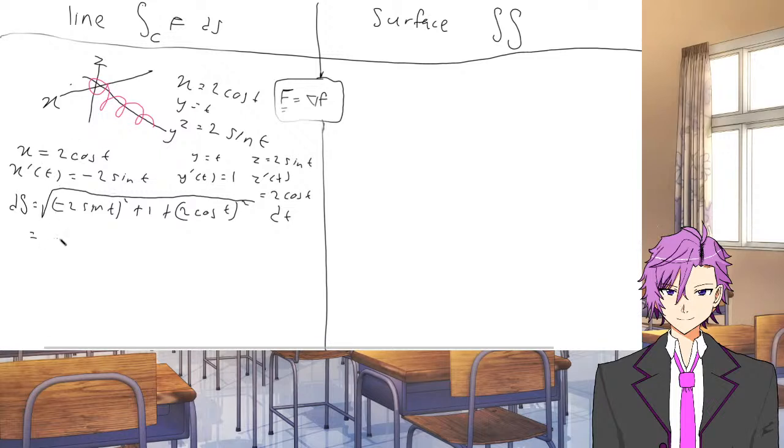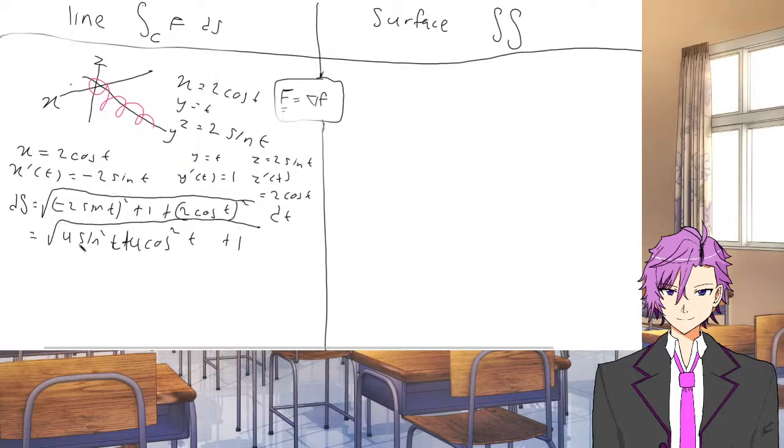So we get 4 sine squared t plus 4 cos squared t plus 1.